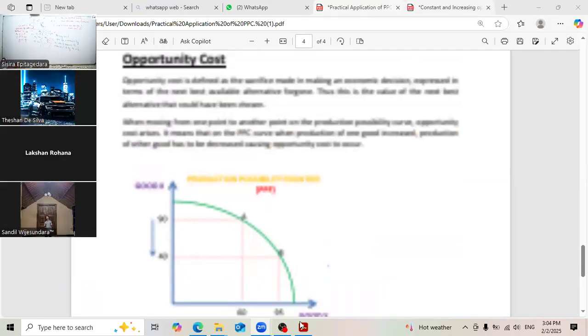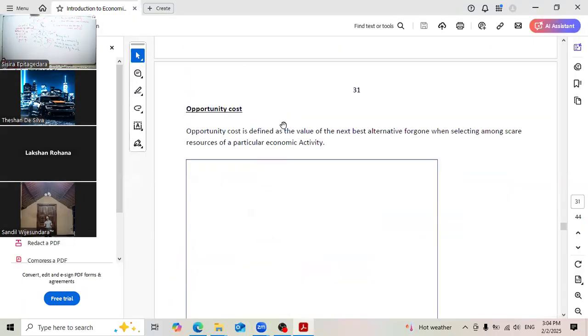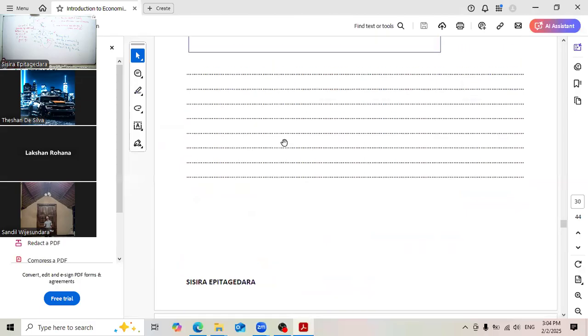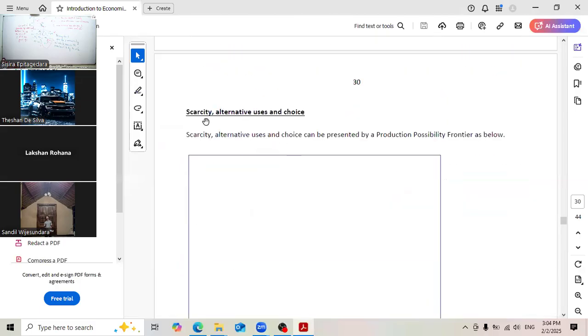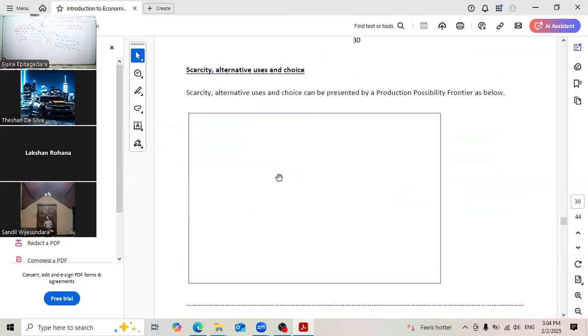My point is that this is the topic, right? Scarcity, alternative choice can be shown on one diagram.